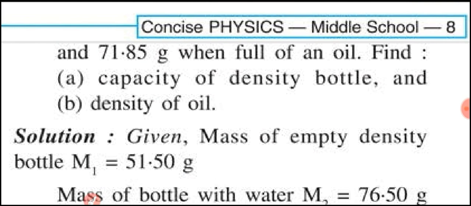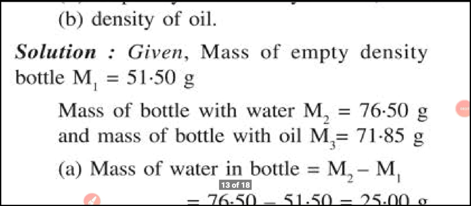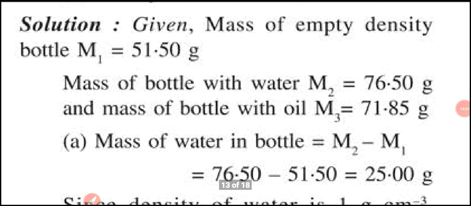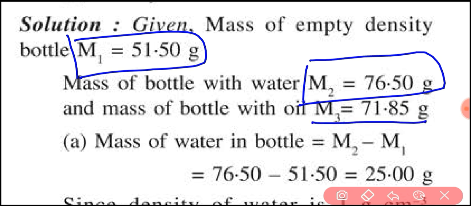Find capacity of density bottle and density of oil. Here given that mass of empty density bottle, that is M1, is 51.50 gram. Mass of bottle with water, that is M2, 76.50 gram. M3 is 71.85 gram.